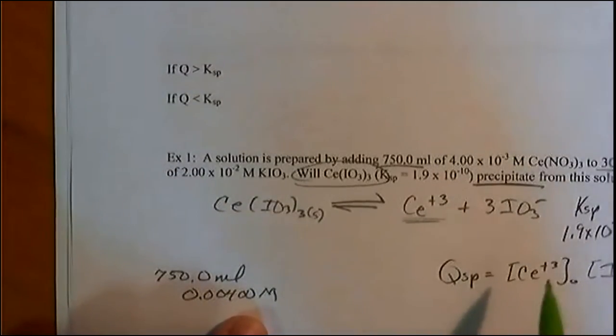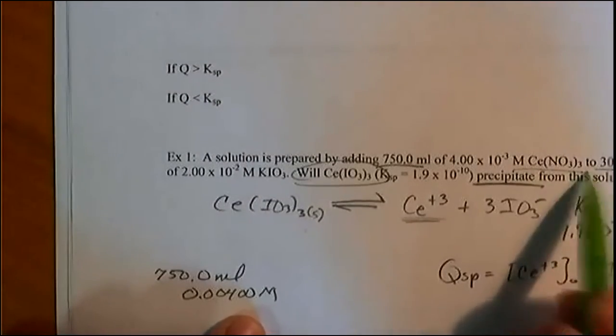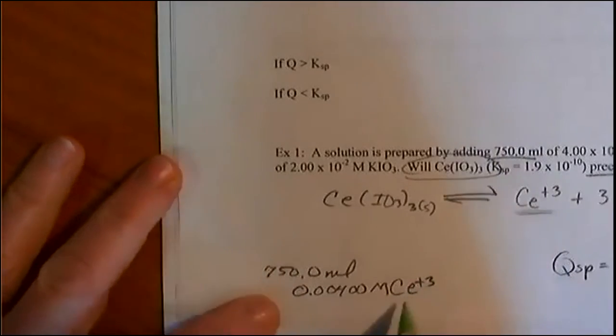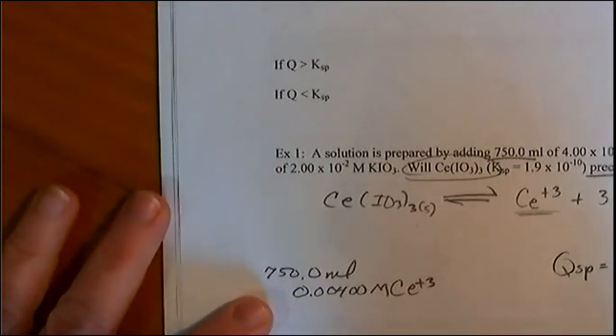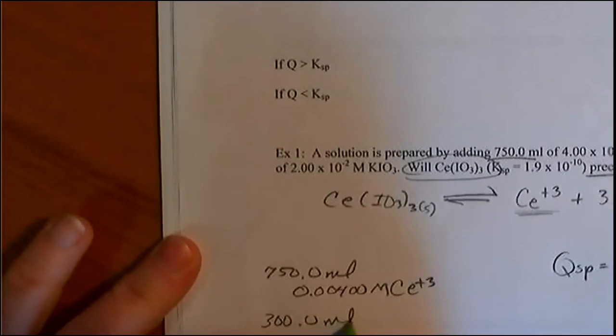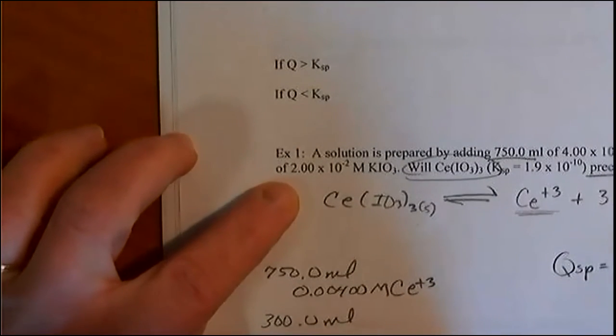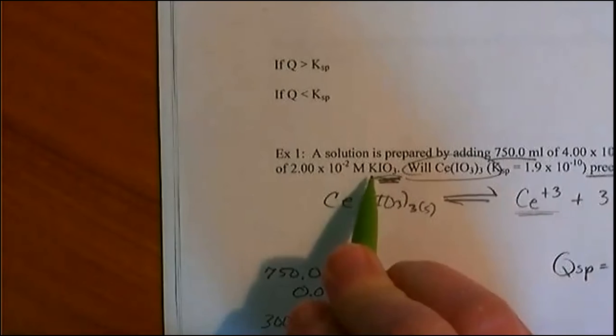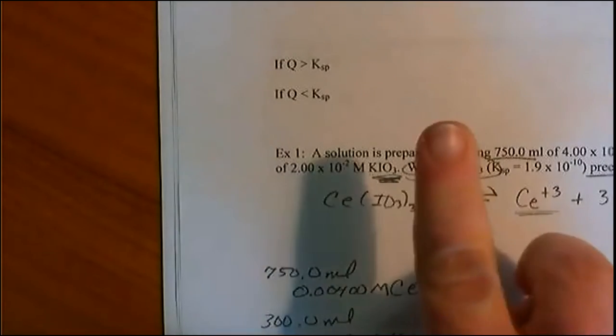Now, I just need my cerium concentration. And for every one of these, it gives me one cerium. So that is my concentration of cerium plus 3. And I'm adding to 300 milliliters of 0.0200 molar. And I just want my iodate, and every one potassium iodate gives me one iodate.